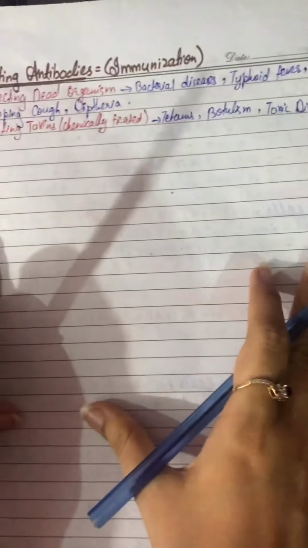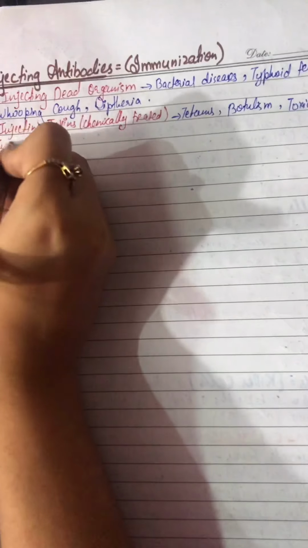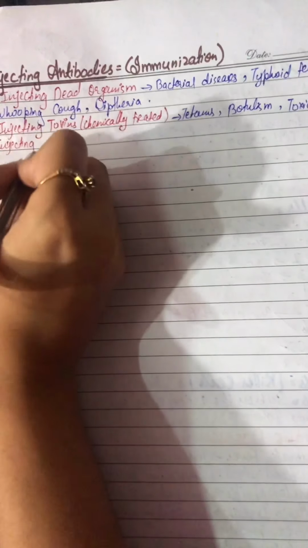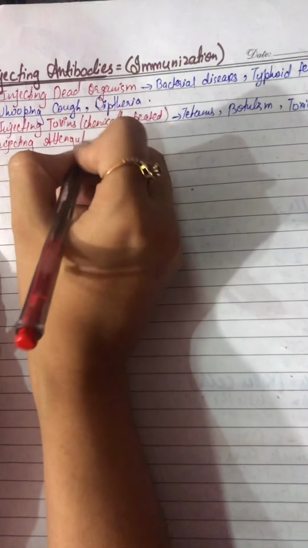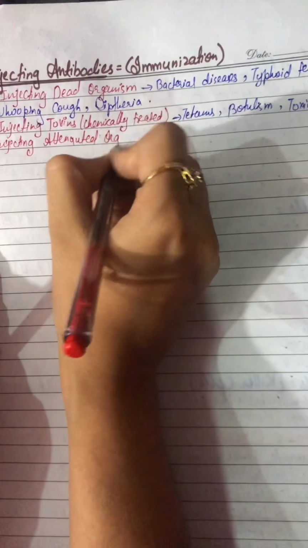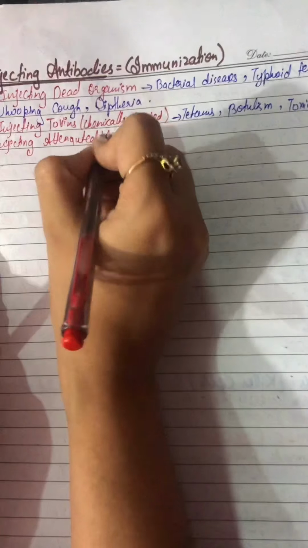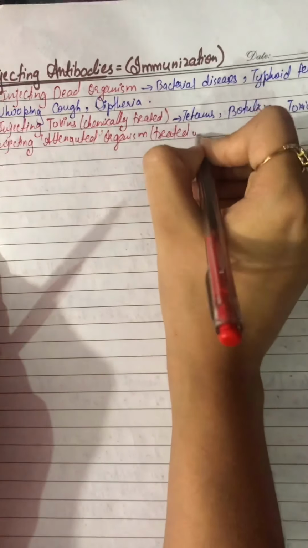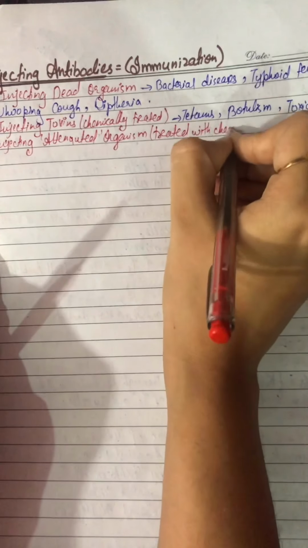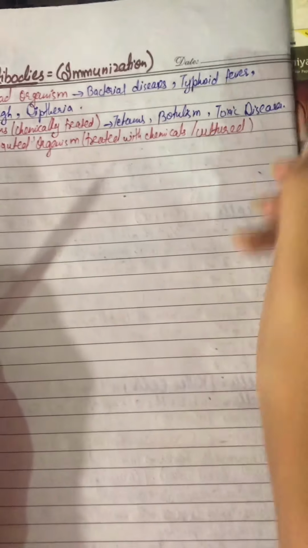Then the third way is injecting attenuated organisms. It means these organisms are already treated with chemicals, or they are cultured so they do not cause harm, right?